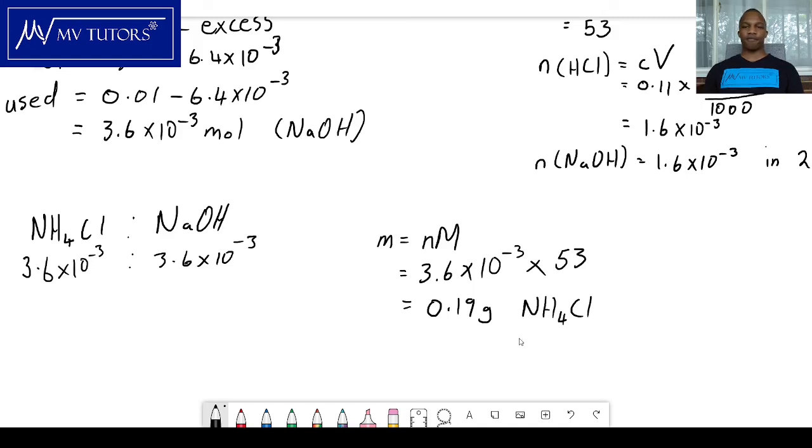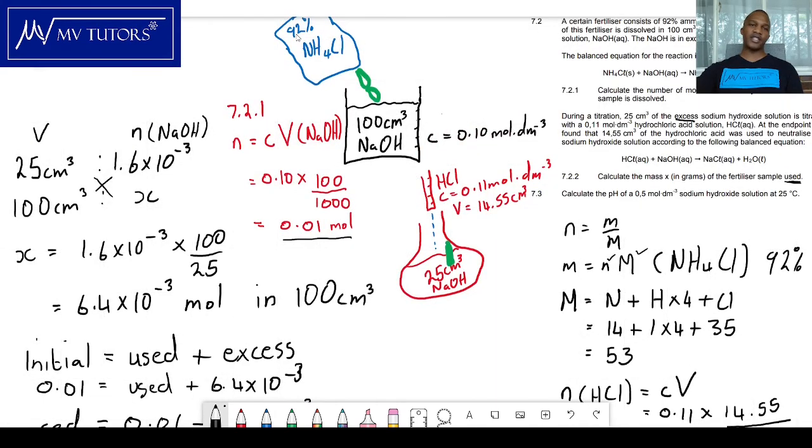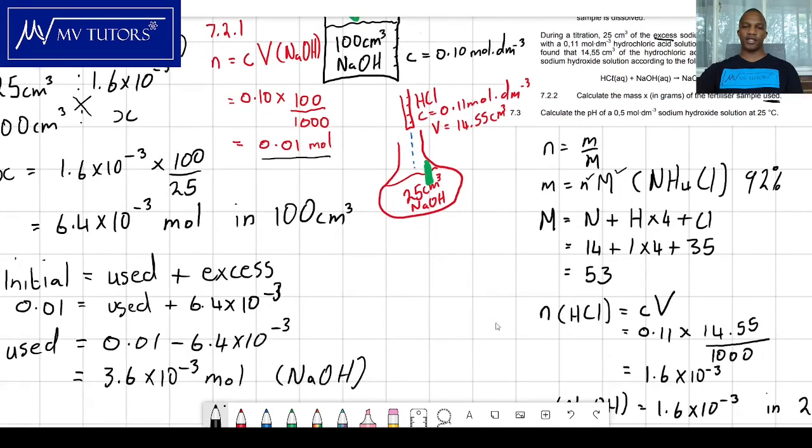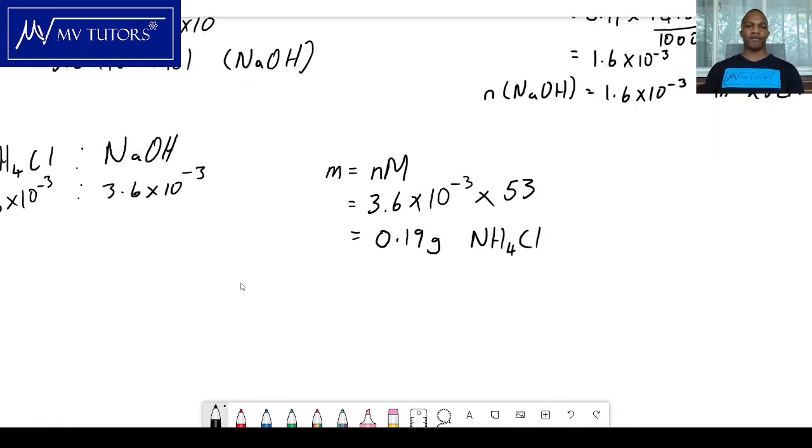Okay, but we've been told that this fertilizer contains 92% of ammonium chloride. The whole fertilizer is not just made of ammonium chloride.